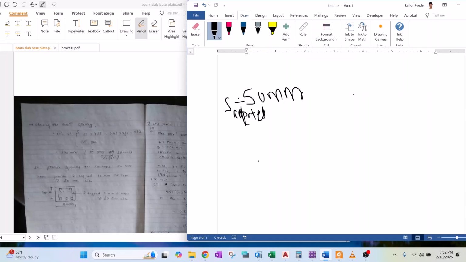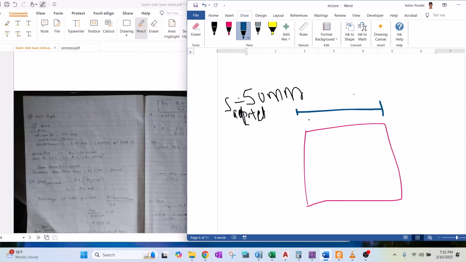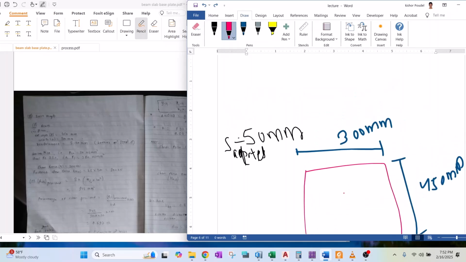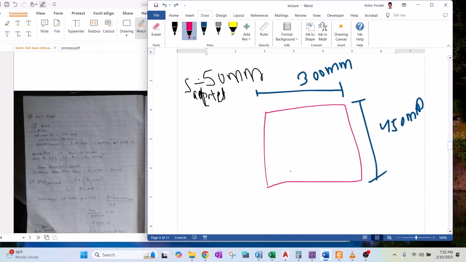So the final figure will look like this one. This is the size of the beam, that is, this is 300 mm, and this is 450 mm, and the bottom reinforcement is already given, so this is 3 bars of 20 mm.